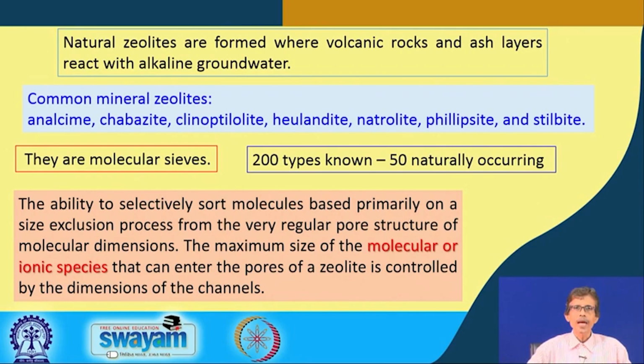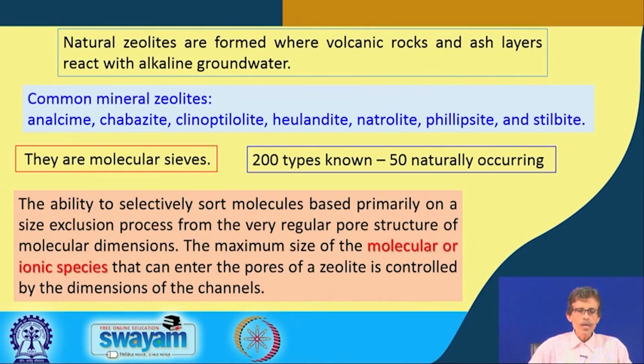Why do we call it a molecular sieve? It is some kind of filtering mechanism in terms of molecular size, so we can think of it as size exclusion. Selectively they can sort molecules based primarily on a size exclusion process. That means the bigger ones can be retained and the smaller ones can pass through the zeolite material.